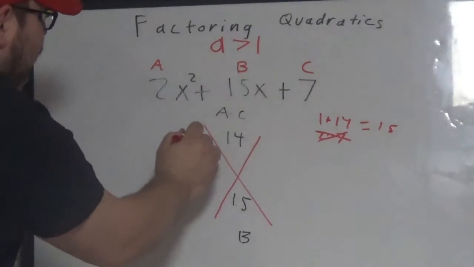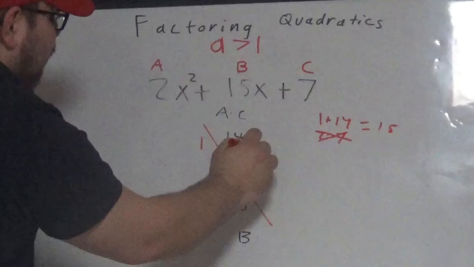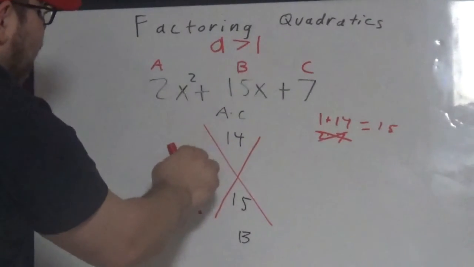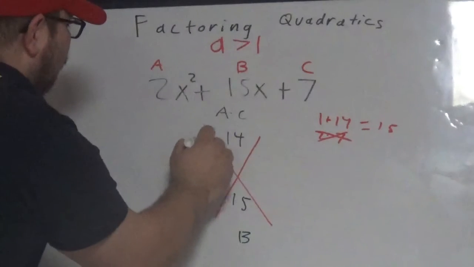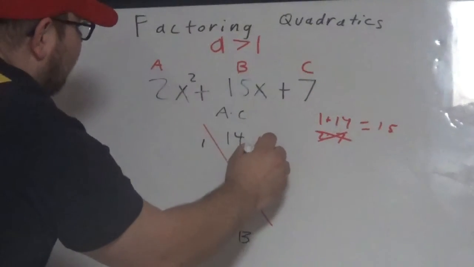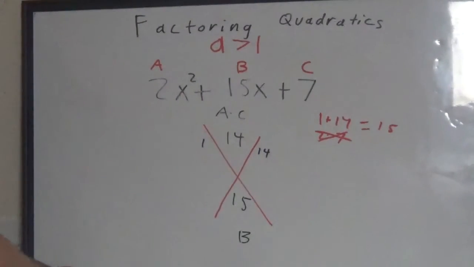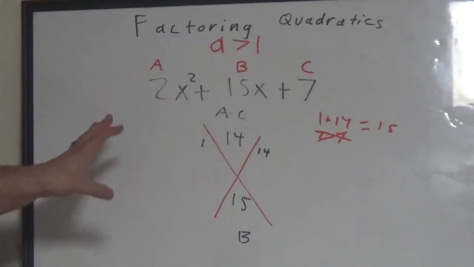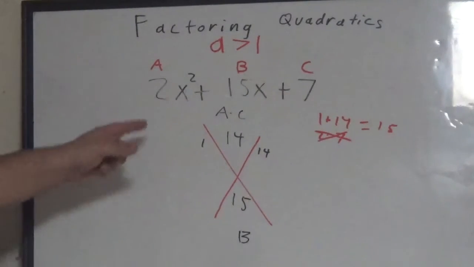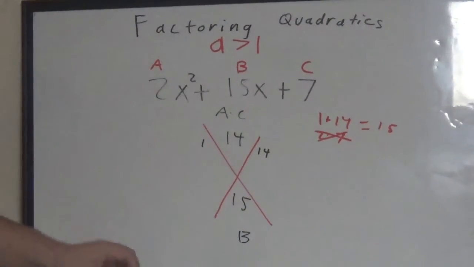So I'm going to put 1 and 14. Notice I wrote it a little bit small because we're almost done, but before we're finished, we're not just taking x plus 1 and x plus 14, because remember we had the 2.